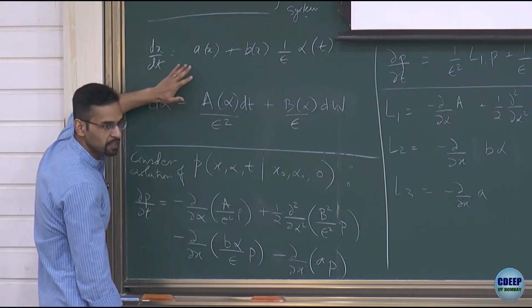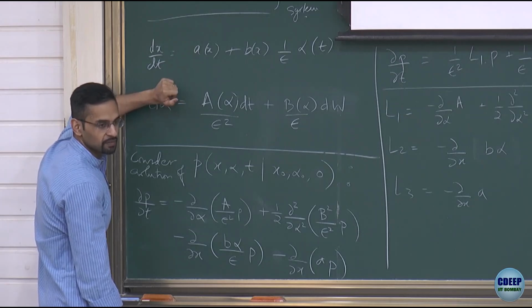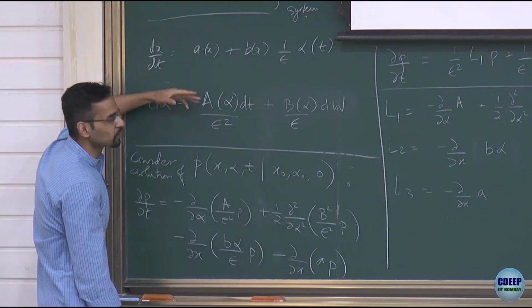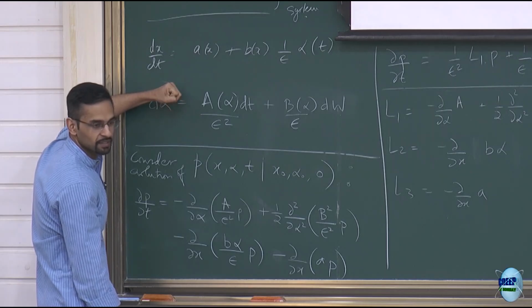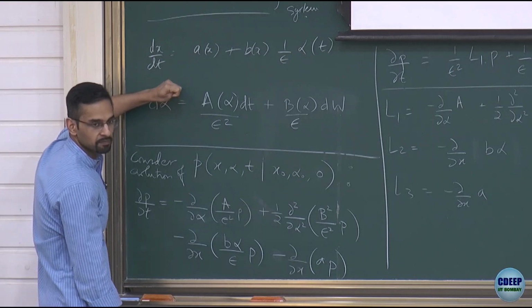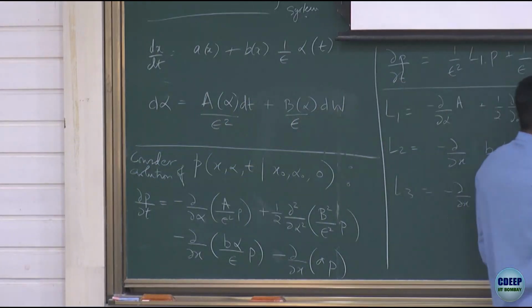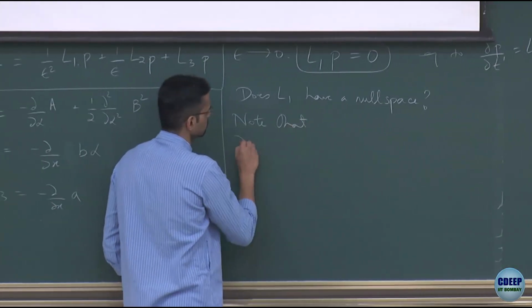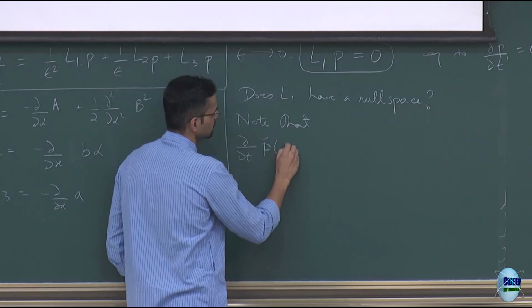So now can you tell me from this idea why you know that there will be some p for which L1p is 0? What would that correspond to? Suppose you know the p such that L1p is 0, what would that mean in terms of the Fokker-Planck for alpha?